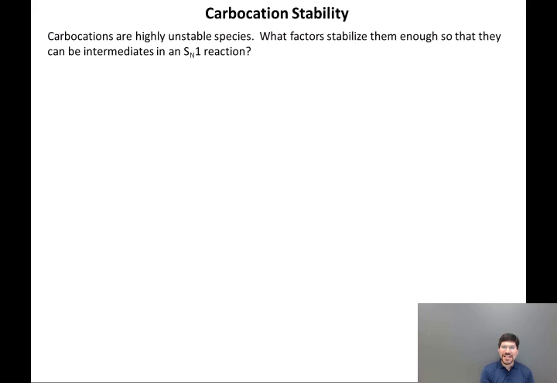What we have to consider then is what factors stabilize them enough so that they can be intermediates in the SN1 reaction. Some carbocations are so unstable that for all intents and purposes they don't exist. Their energy is so high that there's no way you could ever climb that energy barrier to access them and have them participate in the SN1 reaction.